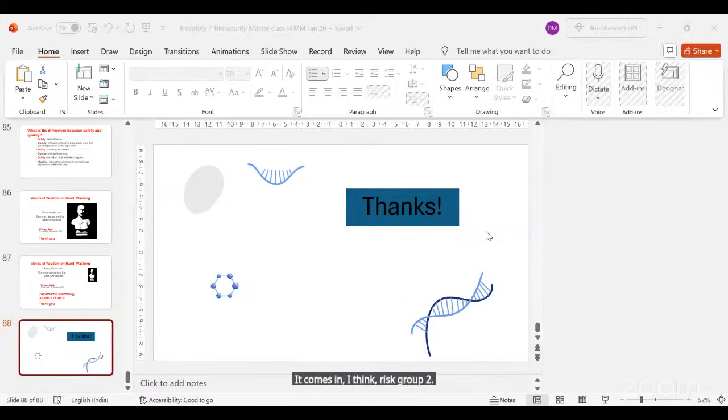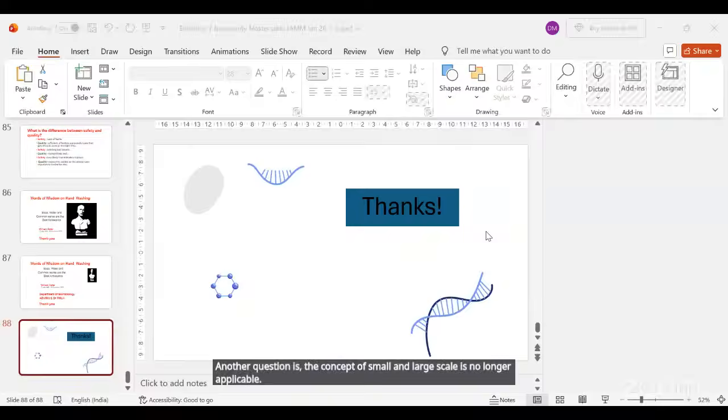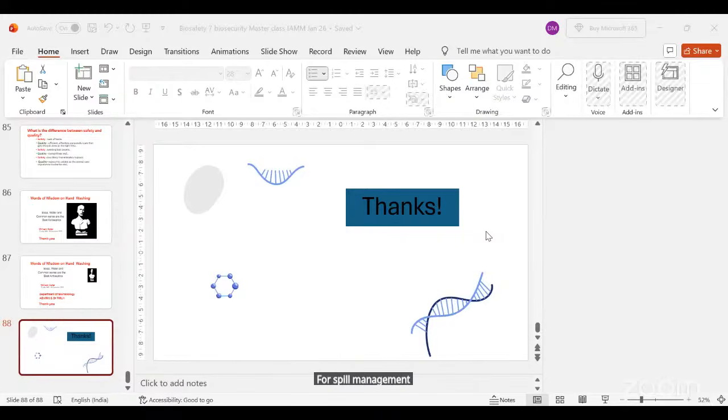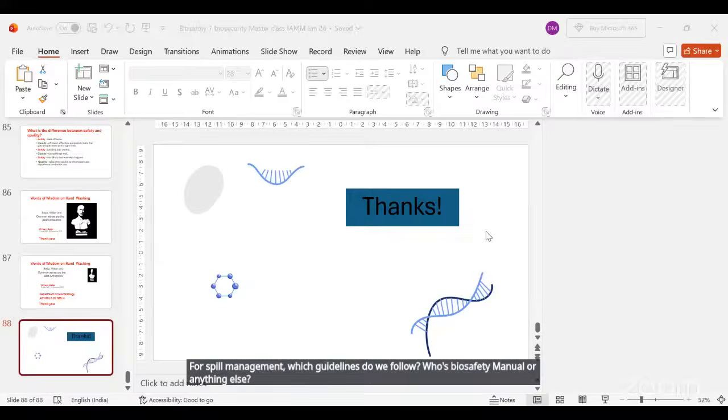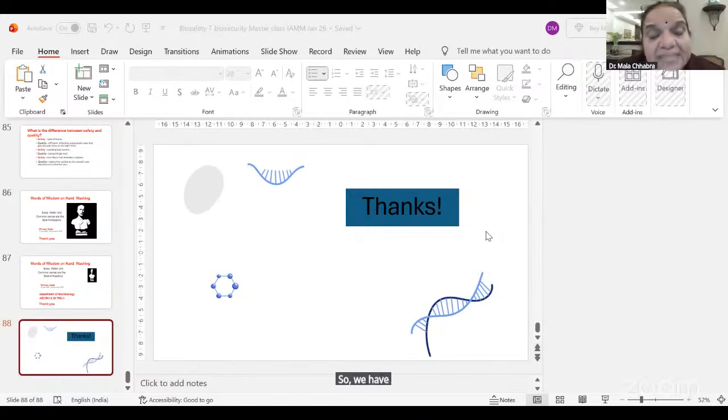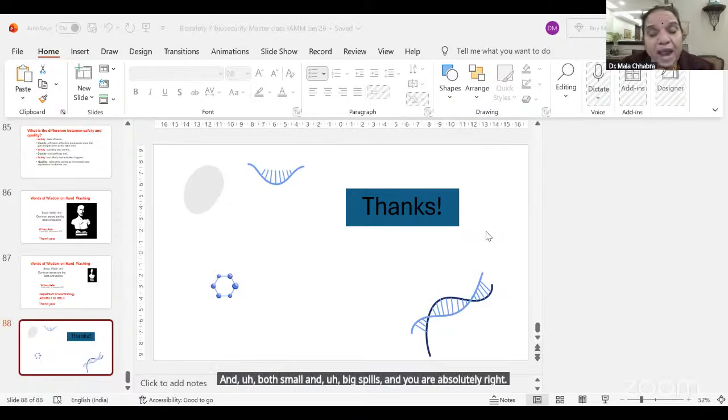Another question is, the concept of small and large scale spills is no longer applicable. For spill management, which guidelines do we follow? WHO's biosafety manual or anything else? So we have national guidelines where we address both small and big spills. And you're absolutely right, all spills have to be handled in a similar way, and this is written in the national guidelines.